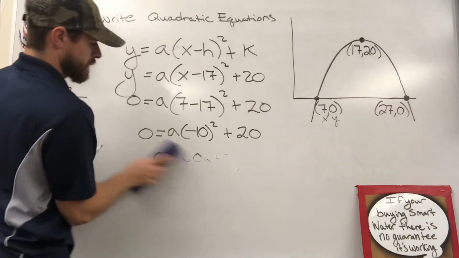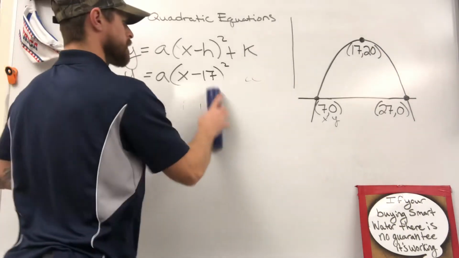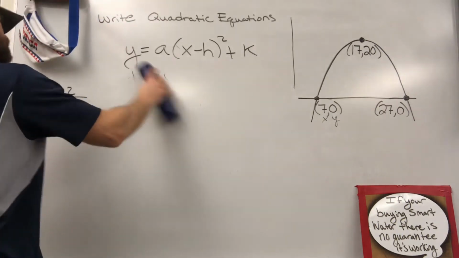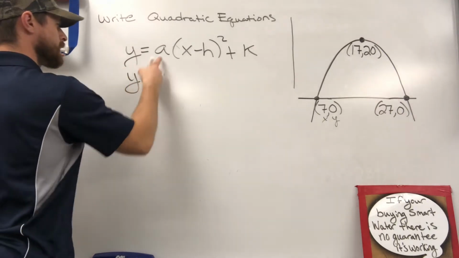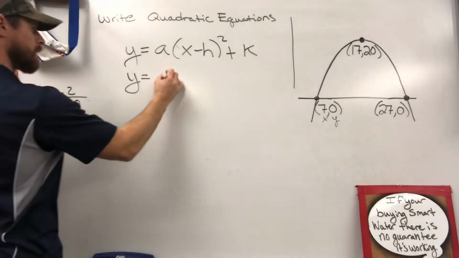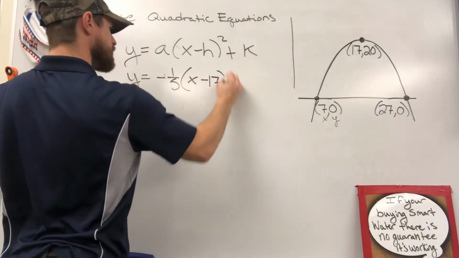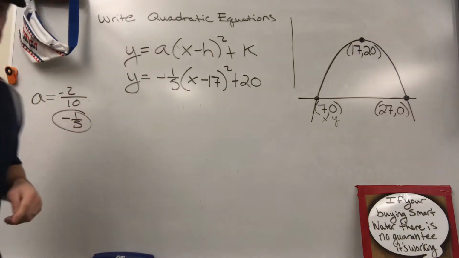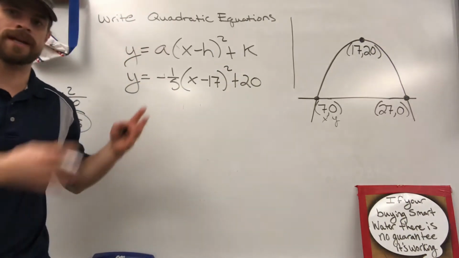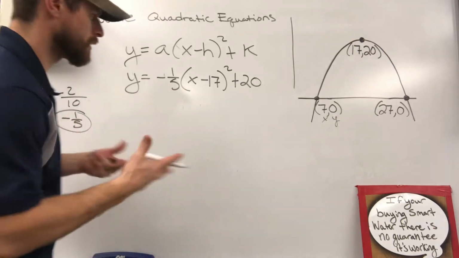So I'm a big fan of standard form. I don't like working out of vertex form very often at all. So what I'm going to do is I'm going to erase. I'm going to say y equals. Now my a turns into my new number, negative 1/5, times x minus 17 squared plus 20. And if you were on a test being asked to write it out in standard form, ax squared plus bx plus c, we've got to do some things to this.